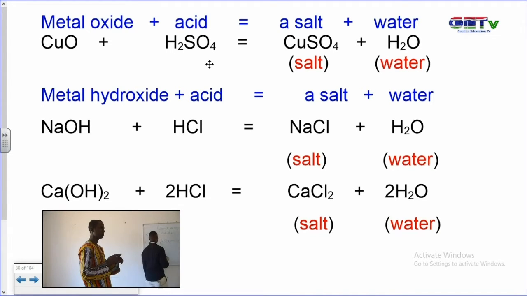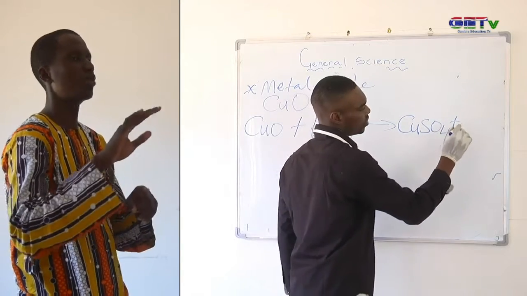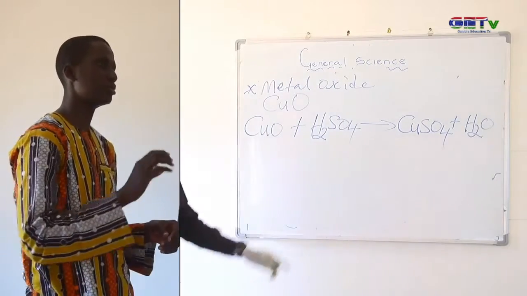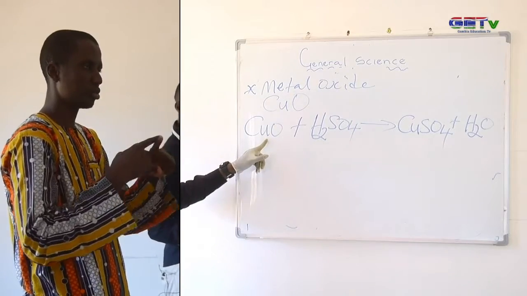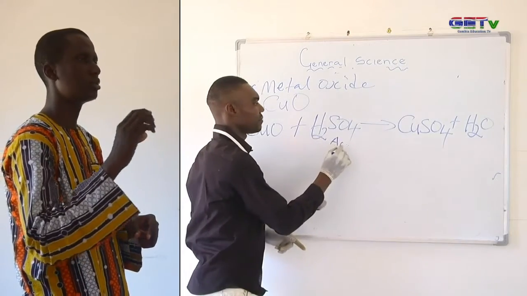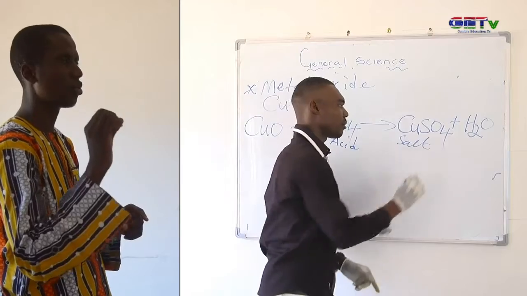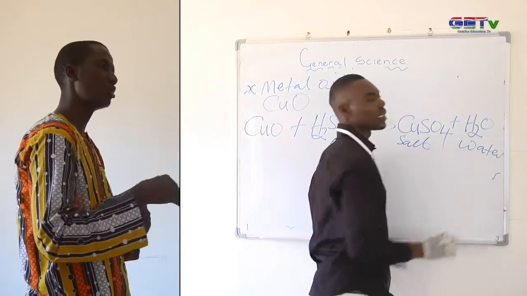The product is copper sulfate, CuSO4, plus water, H2O, please. So you have seen that. Copper oxide as a metal oxide combined with an acid produces a salt, this is copper sulfate, and also water.